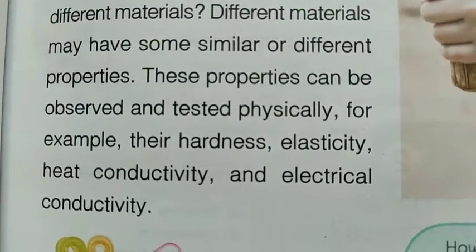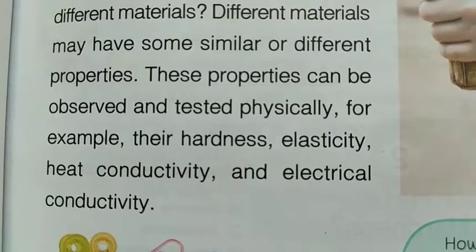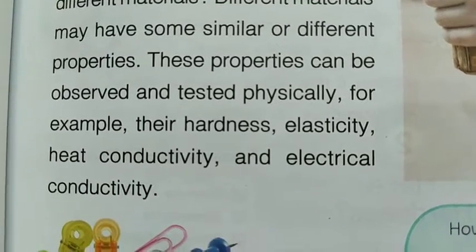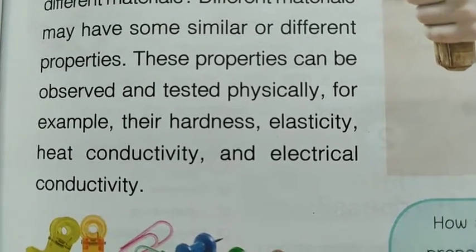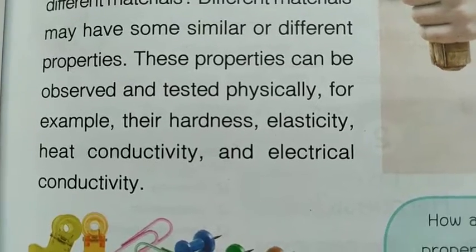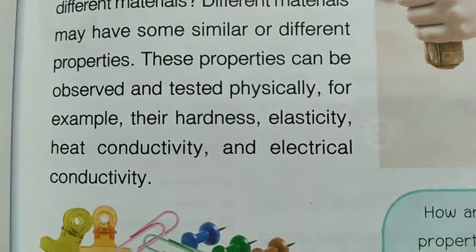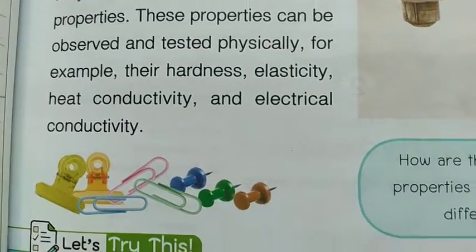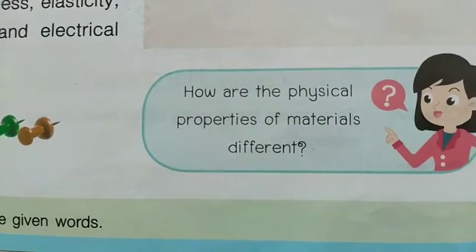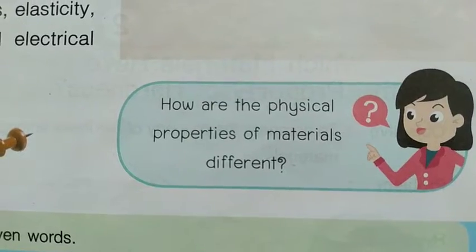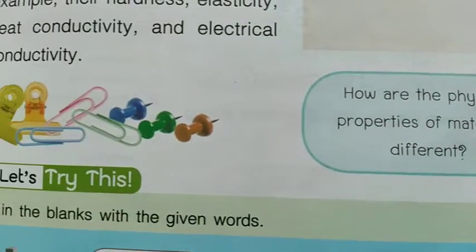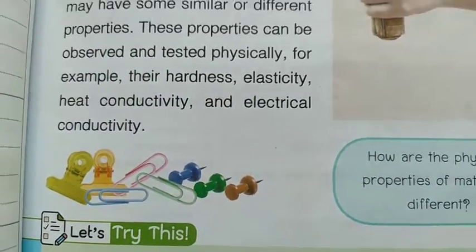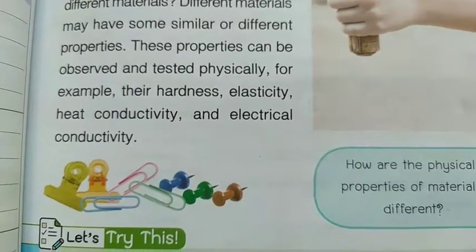These properties can be observed and tested physically. For example, their hardness, elasticity, heat conductivity, and electrical conductivity. Alright? So, how are the physical properties of materials different? So today, we will talk about the first property.